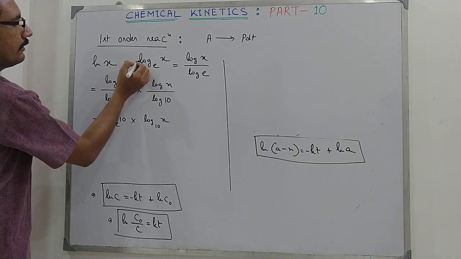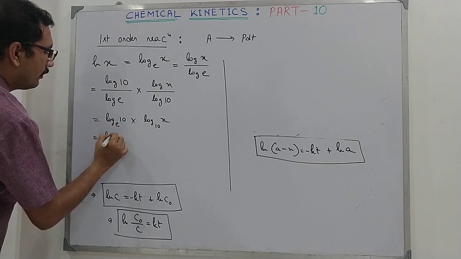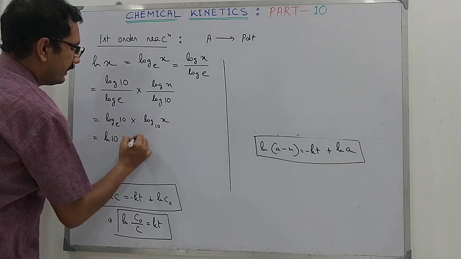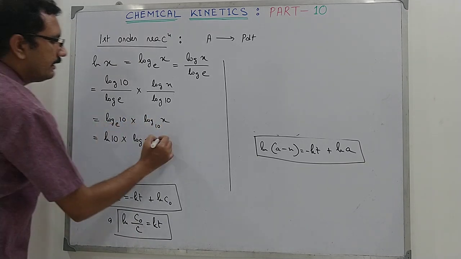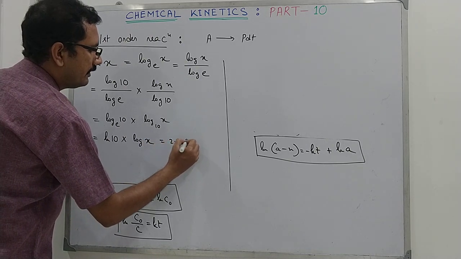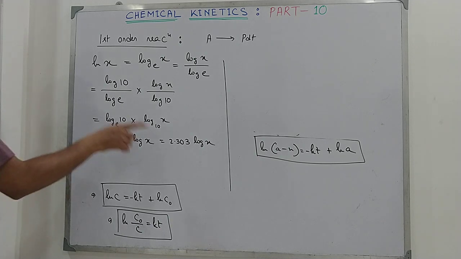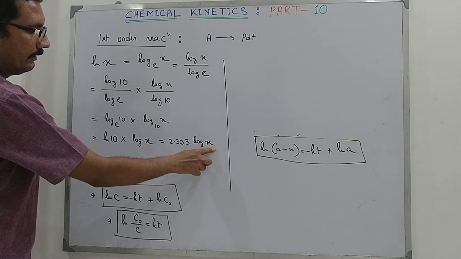Now log natural x is log E base x. So log E base 10 will be log natural 10 and this log base 10 is symbolized as log x. Now ln 10 is almost equal to 2.303. So we have the relation between log natural x and log 10 base x.